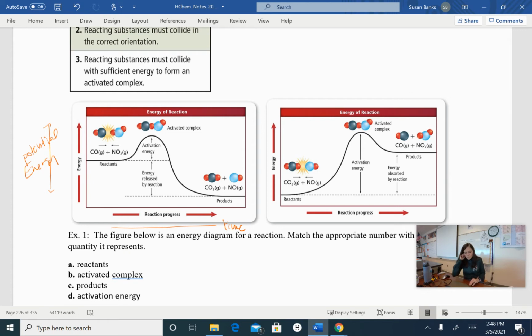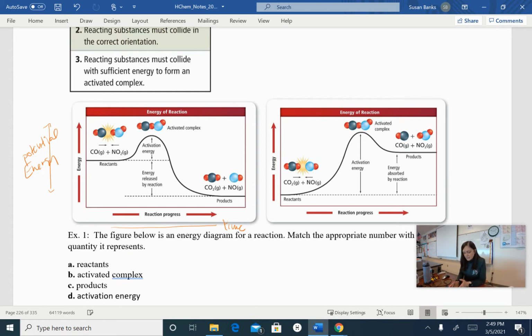Okay, so I want to just go along and talk about what we're seeing in these diagrams really quick. So let's look at the first one on the left. The figure on the left is an energy diagram for carbon monoxide making a connection with nitrogen dioxide.